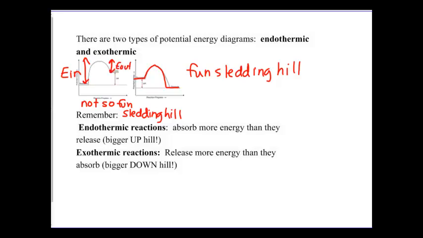So in the not so fun sledding hill, more energy goes in than goes out, and as we know from previous chapters, that's an endothermic reaction, where more energy goes in than comes out. On the fun sledding hill, this is your energy going in, and this is your energy coming out. So more energy comes out, that's the fun sledding hill. More energy is exiting, that's exothermic.